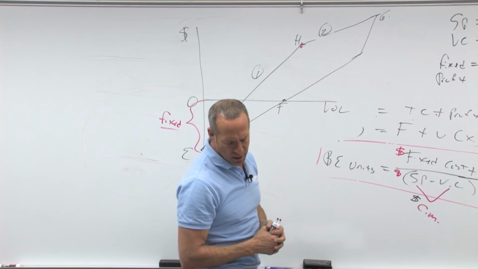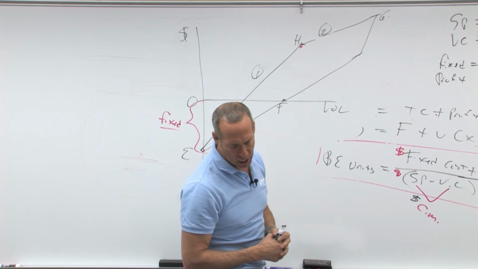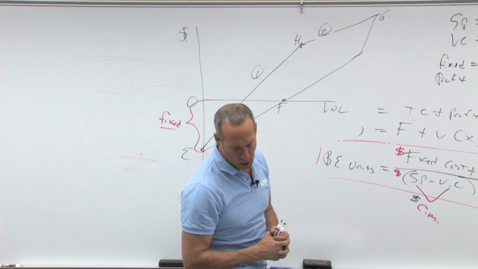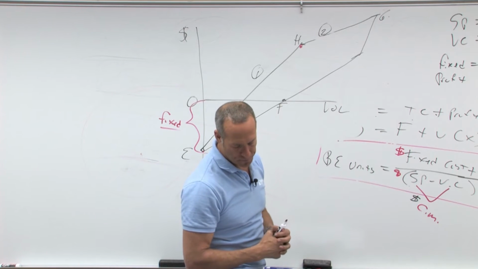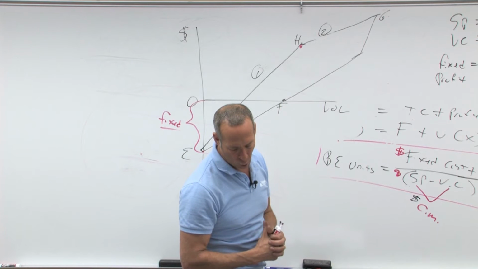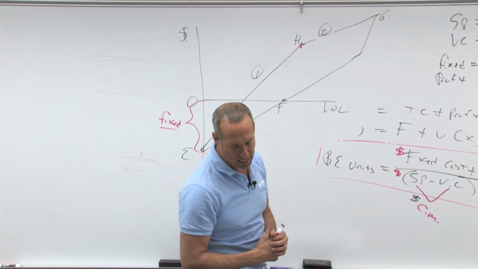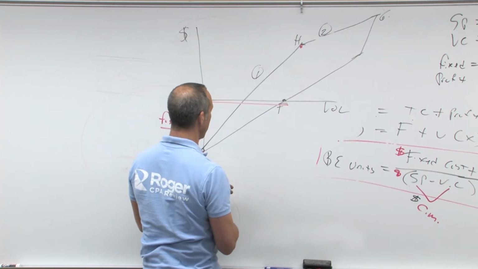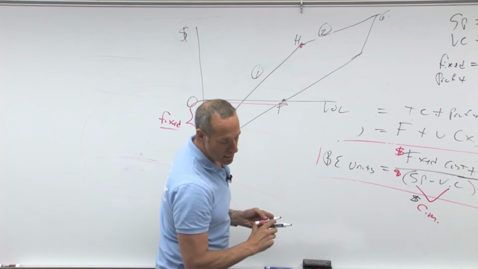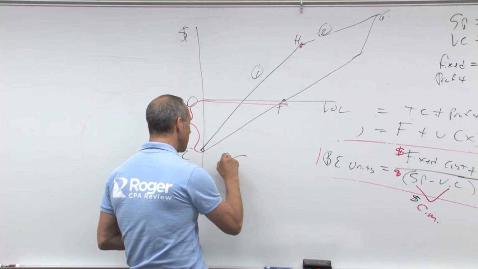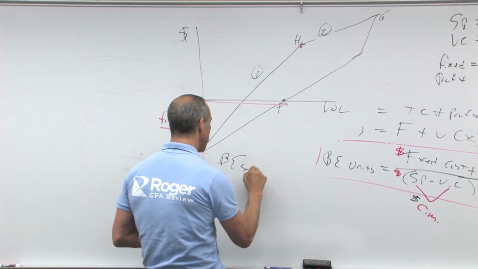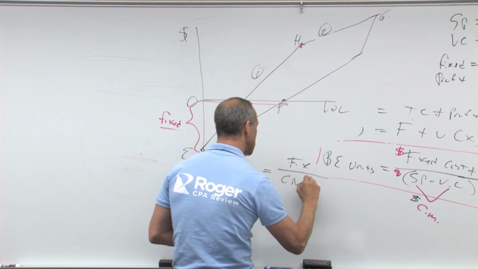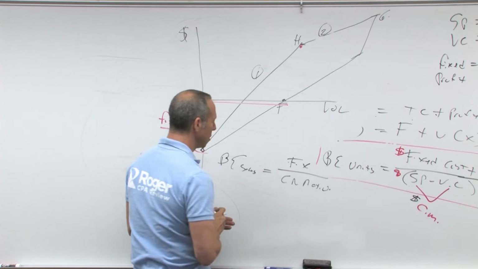The other thing they're asking is, what is OE divided by OF? OE is fixed cost. OF is the quantity sold at break even. So our break even in sales dollars equals fixed costs over CM ratio.